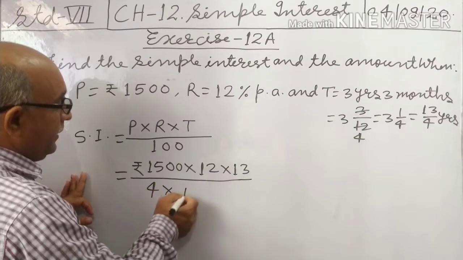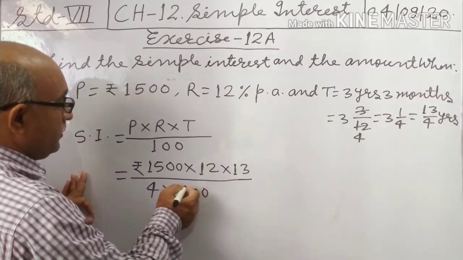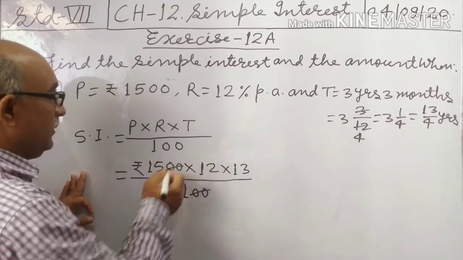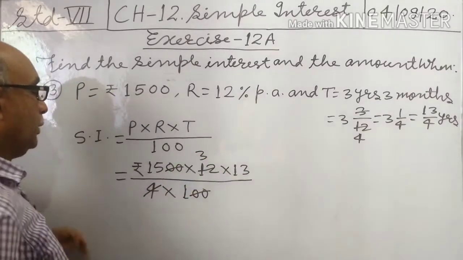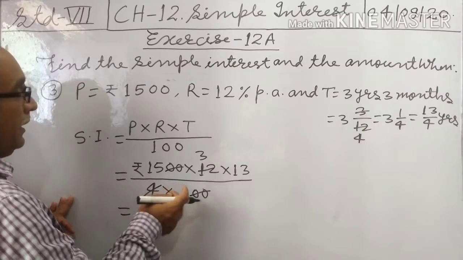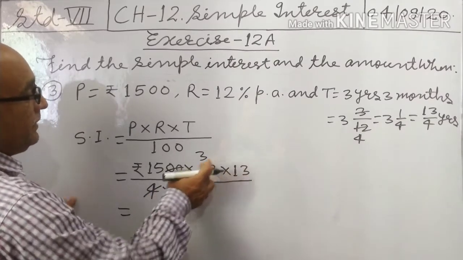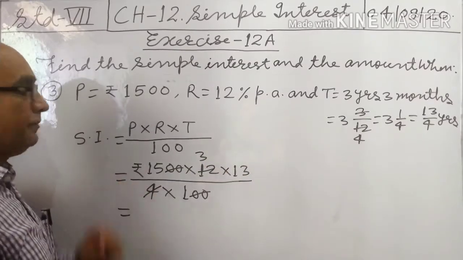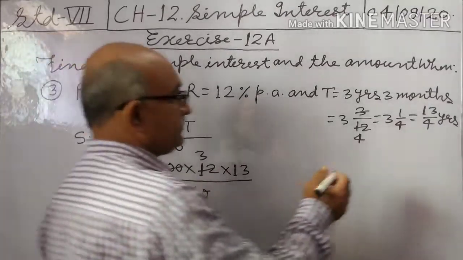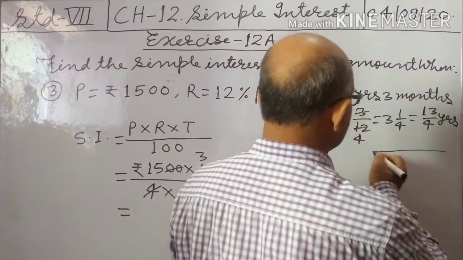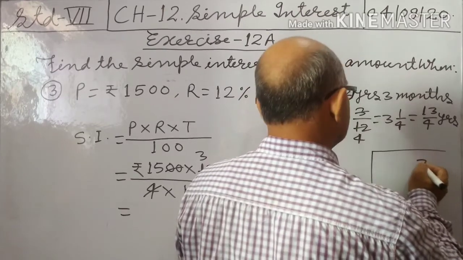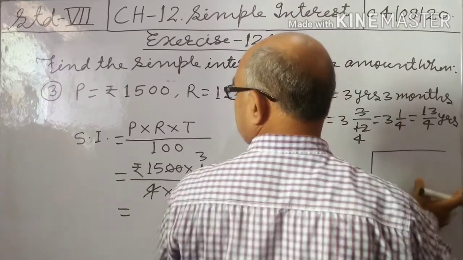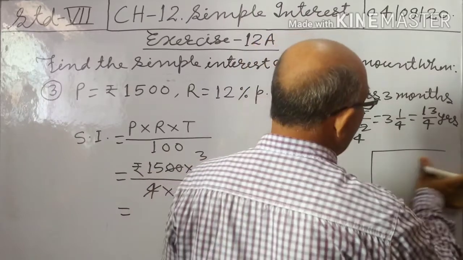Now divided by 100. So 4 into 100. 00 to 00 cancel. 4 3 ja 12. 13 3 ja 39. Multiply 15 3 is 45 also.